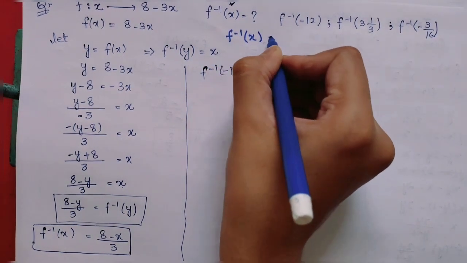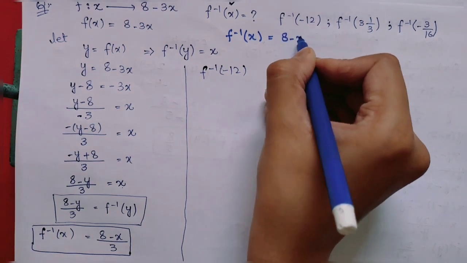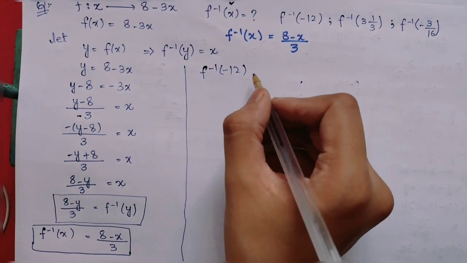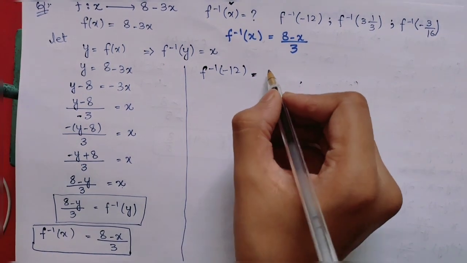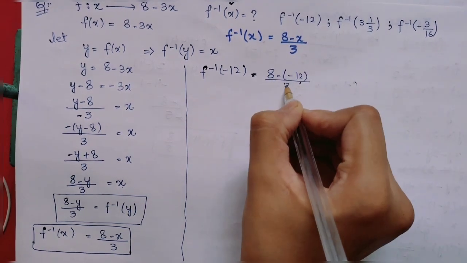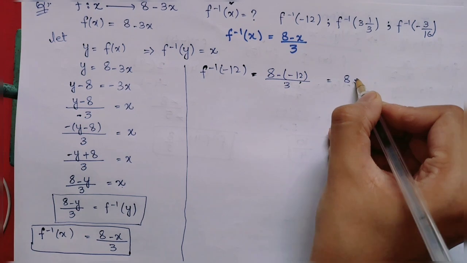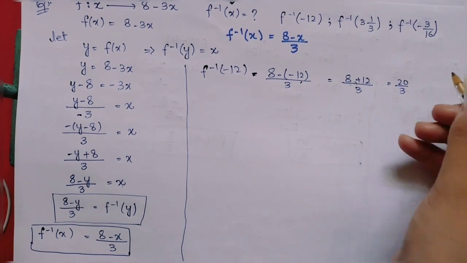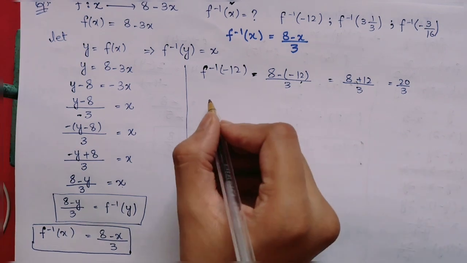F inverse of x we got is equal to (8 minus x) over 3. This is the inverse of the function. When you have to find f inverse of minus 12, simply put minus 12 in place of x. (8 minus minus 12) over 3 is equal to 8 plus 12, it becomes 20 over 3. So this is your value of f inverse of minus 12.